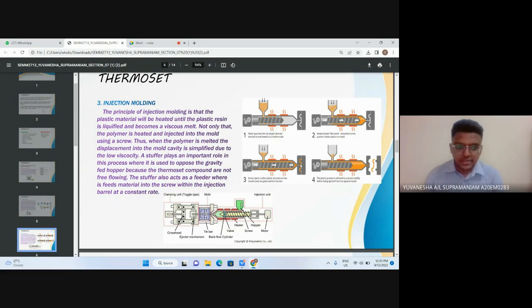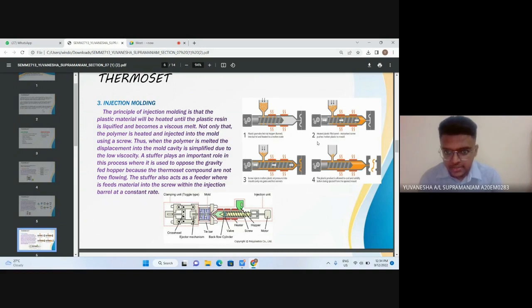A stuffer plays an important role in this process where it is used to oppose the gravity fed hopper because the thermoset compounds are not free flowing. The stuffer also acts as a feeder where it feeds material into the screw within the injection barrel at a constant rate. And this is the example of illustration of injection molding.